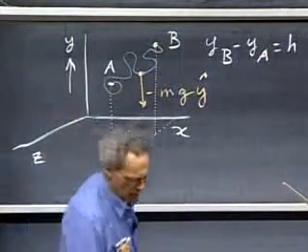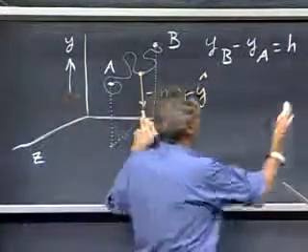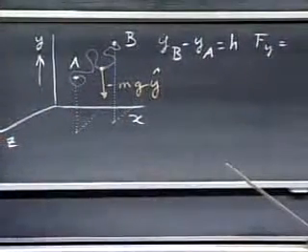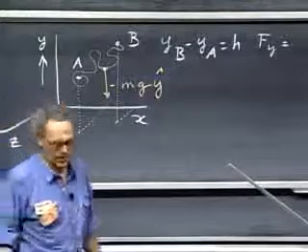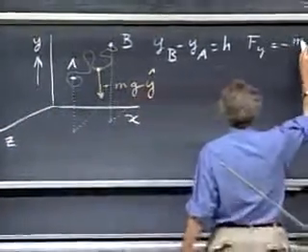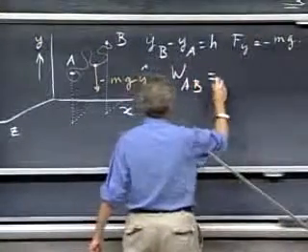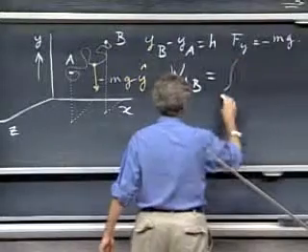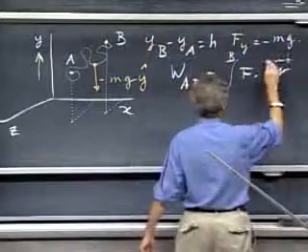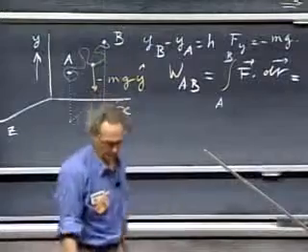So now I notice that there is only a value for f of y, but there is no value for f of x, and there is no value for f of z. They are 0. And so f of y equals minus mg. And so if I calculate now the work in going from A to B, which is the integral in going from A to B of f dot dr, then the only term that I have is the one that deals with the y direction.